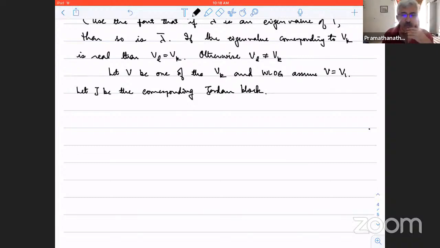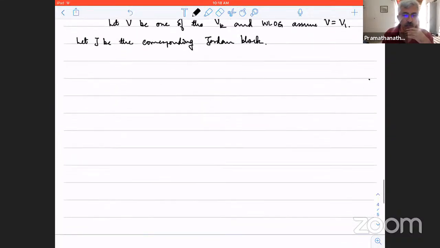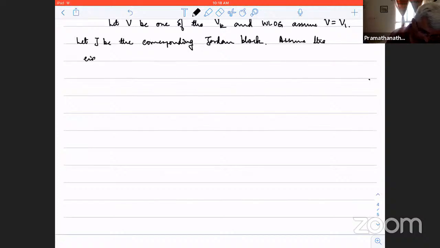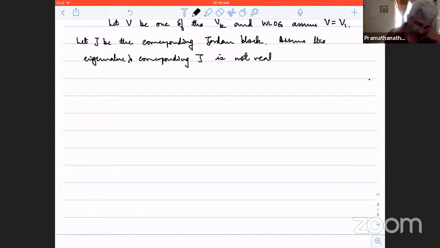Assume the eigenvalue lambda corresponding to J is not real. So lambda is not real.